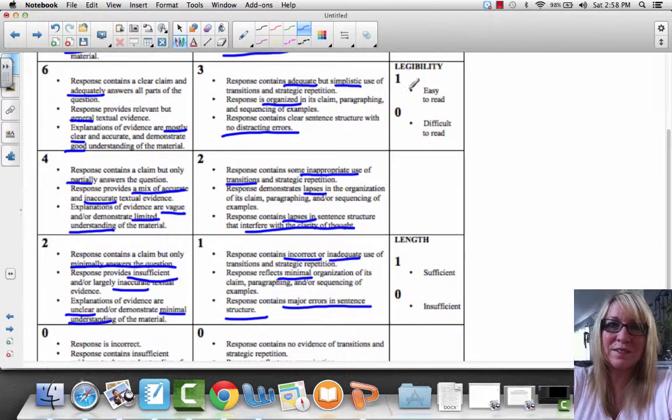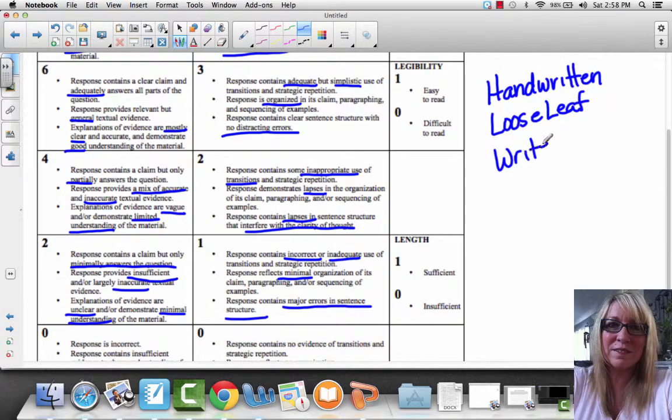Legibility, easy to read, difficult to read. So, some important things to remember. This must be handwritten. So that's on loose leaf. Please write on every other line, so I have room to correct it.